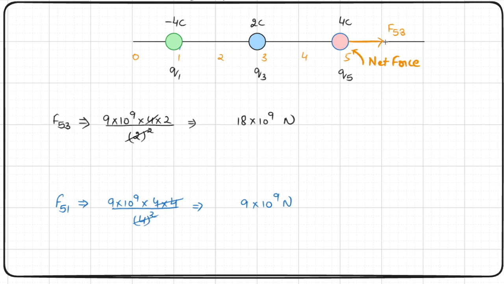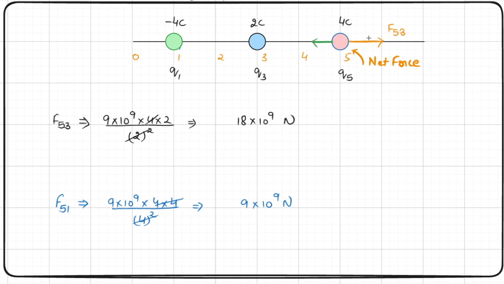So this is the F53 we have calculated. Now see the second force, which direction will it be? That is a negative charge and this is a positive charge, so it will be an attractive force. I'm using a different color to show that. Because they are far apart, the value we calculated is much less, exactly half of the other. So I will draw it as half of this, somewhat shorter. Just draw like that.